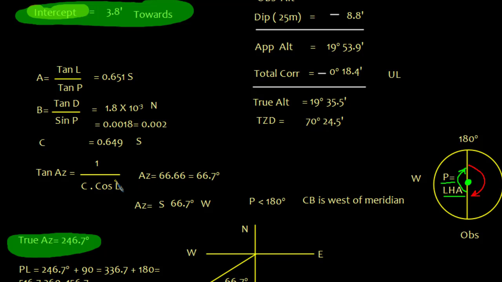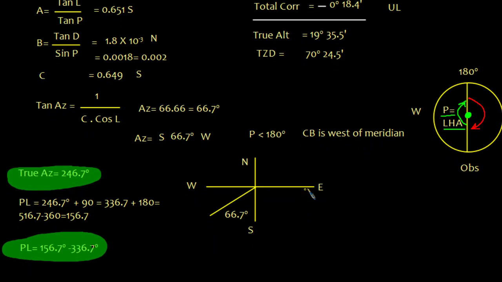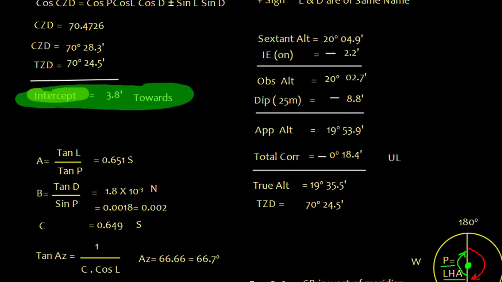Well, if this is 66.67 degree, then we can write like this. This is north, this is south, this is east, and this is west. This is 66.7. Well, this is azimuth. This portion is south because this value of C is south. Then it is going to be west. Why west? Because of the value of LHA.